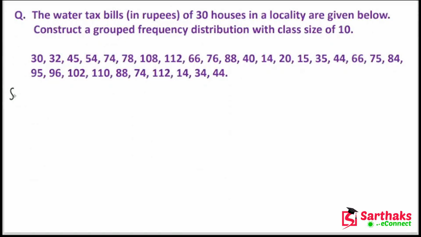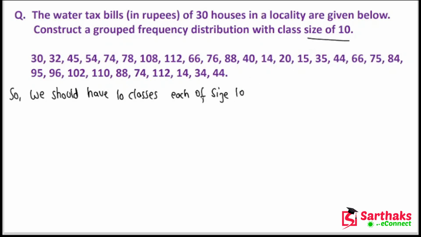So we should have 10 classes, because we can't have 9.8 classes. So we should have 10 classes, each of size 10, because it is given in the question that we have to make the class size 10, right?